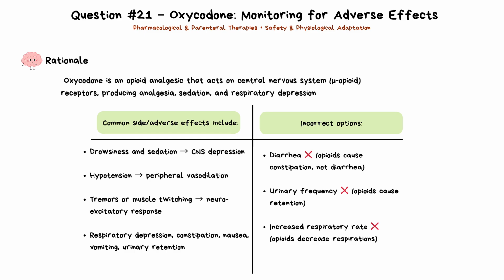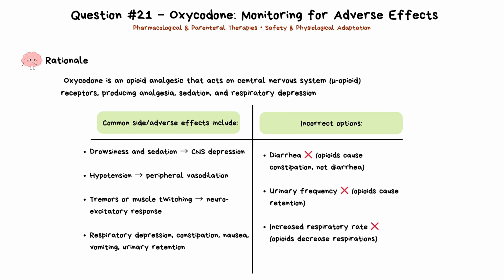It produces analgesia and sedation, but also CNS and respiratory depression. Common side and adverse effects include drowsiness and sedation, CNS depression, hypotension, peripheral vasodilation, and tremors or muscle twitching, a neuroexcitatory response.